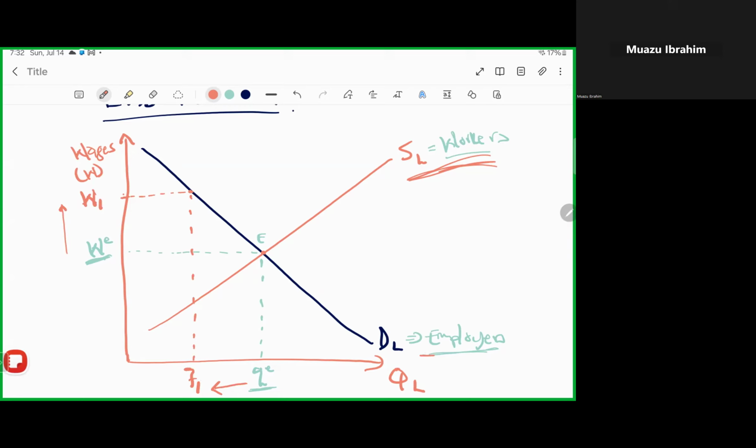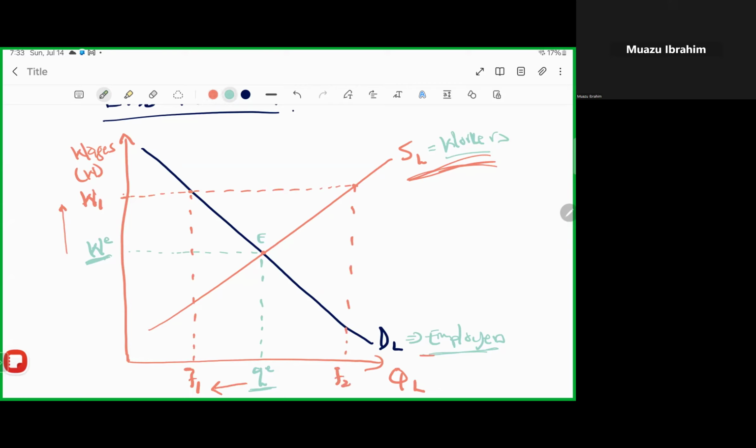Now, what about the supply side? You trace it to hit the supply and then you trace it downwards. This will give us the new supply. What has happened?